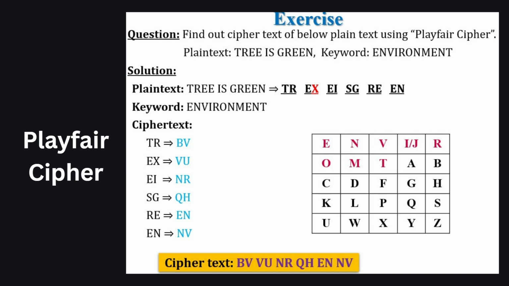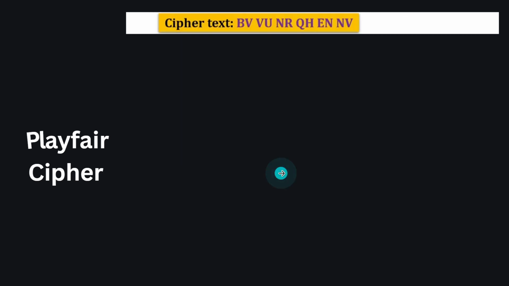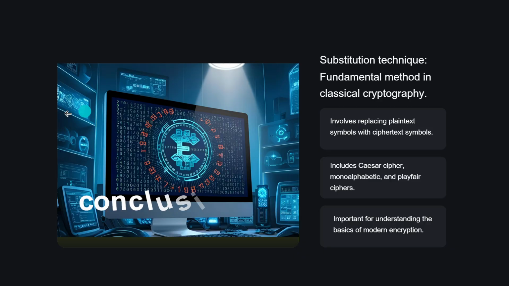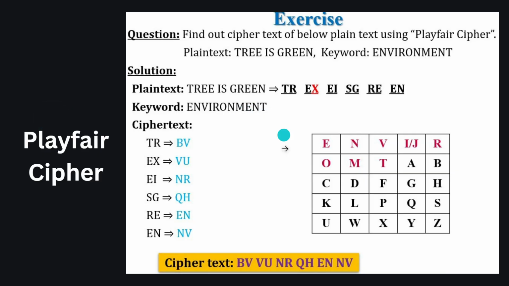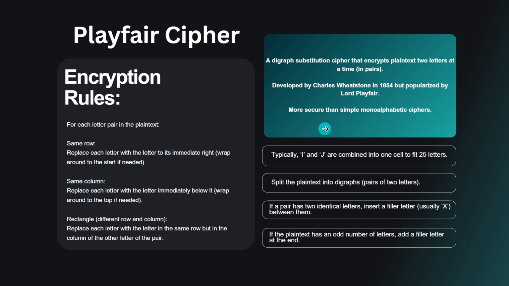Then split the plain text into pairs like this. This is the plain text split into two-letter pairs. Now, the rules for Playfair cipher: if both letters are in the same row, use the letter to the right.